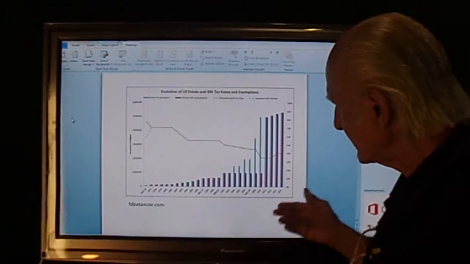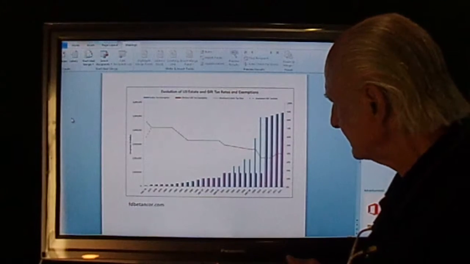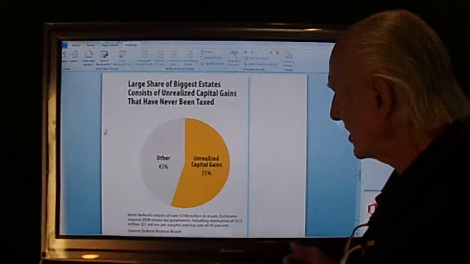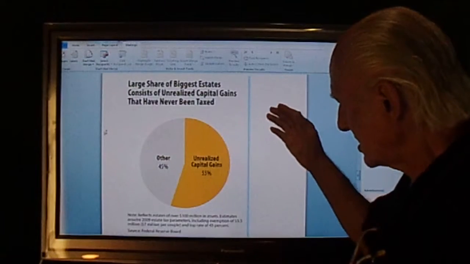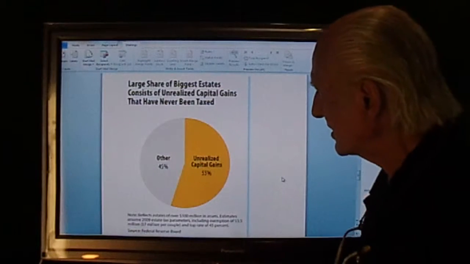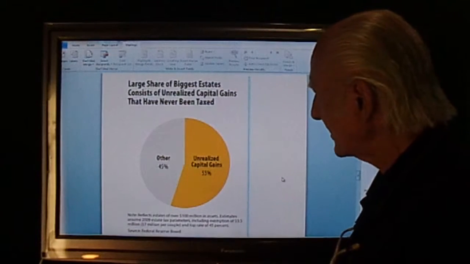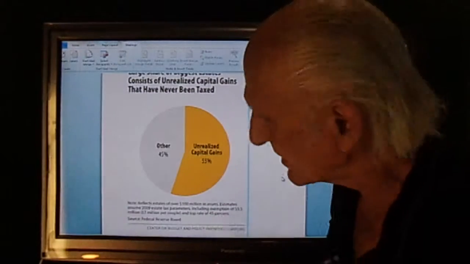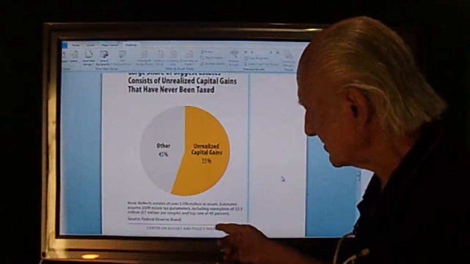So I'm going to go to this next chart here. Can we go to the next chart? Okay. And by the way, I got the chart from the Center on Budget and Policy Priorities.